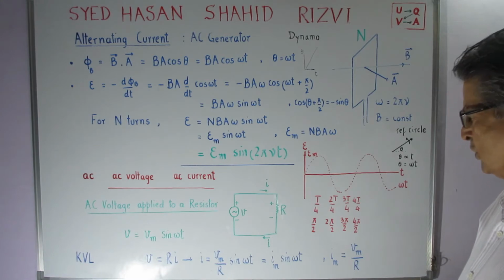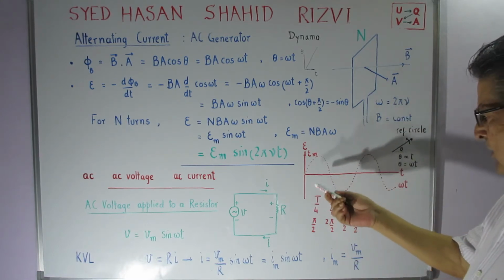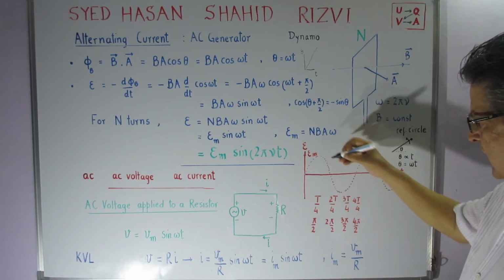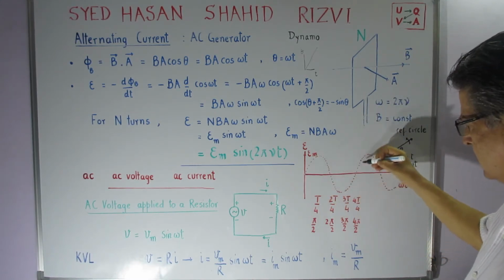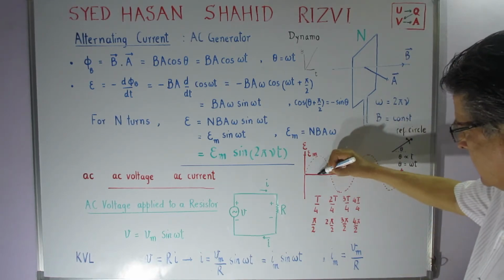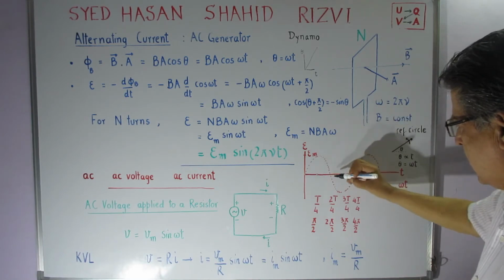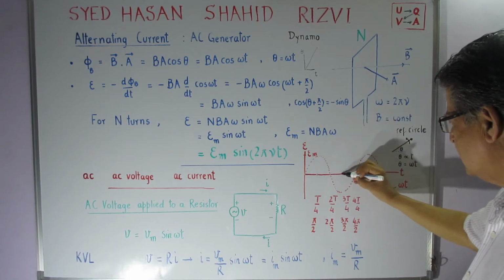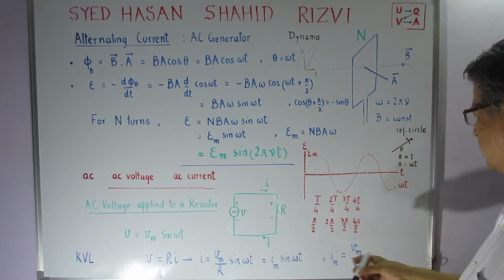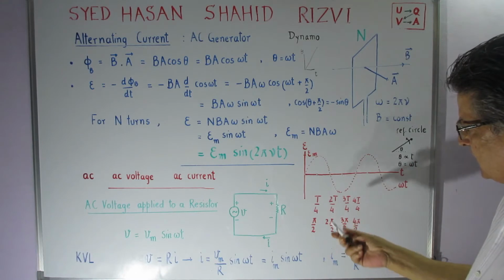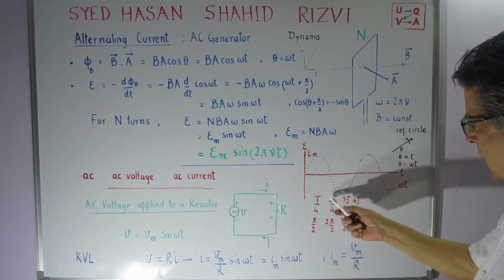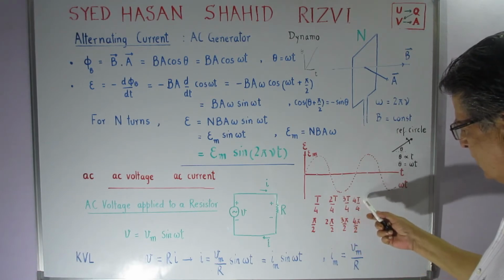For t equal to 0, or omega t equal to 0, the value is 0, thereafter it increases, reaches a maximum value, and then it goes like this. Where the points over here and here, etc., are marked in terms of T by 4, where capital T is the time period equal to 1 upon nu, 2T by 4, 3T by 4, 4T by 4.